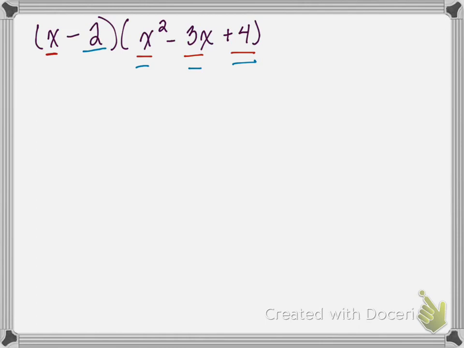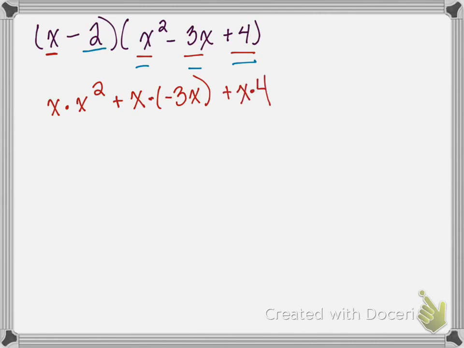So I am distributing the x to my trinomial. I'm going to say x times x squared. Then I am going to say x times -3x. And then I'm going to say x times 4. Okay?